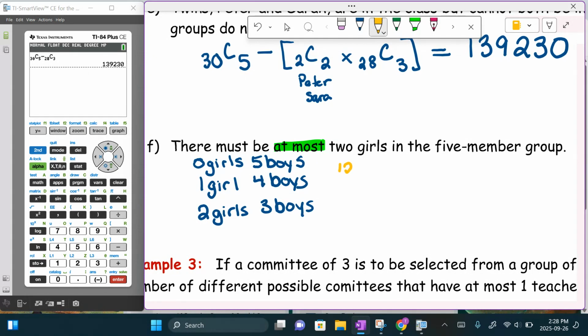So 12 choose 0 times 18 choose 5. We're going to do that. 12 choose 1 times 18 choose 4. And 12 choose 2 times 18 choose 3.